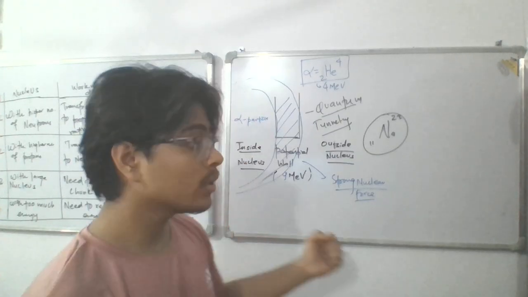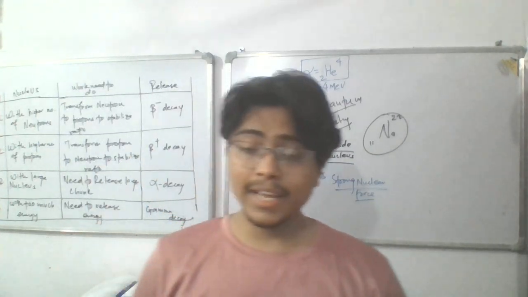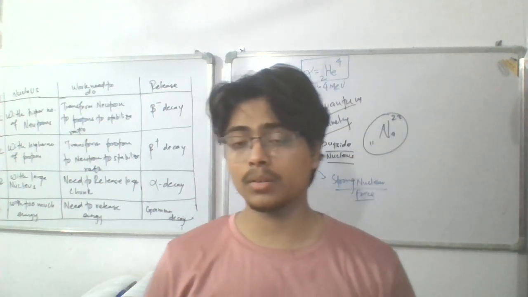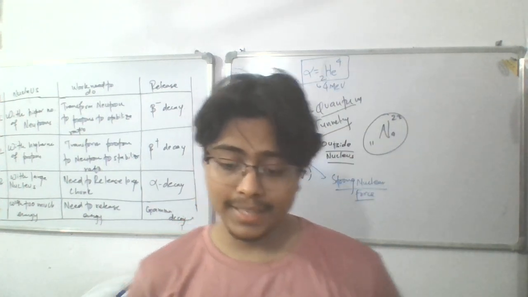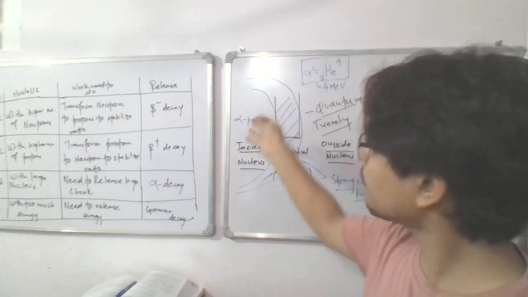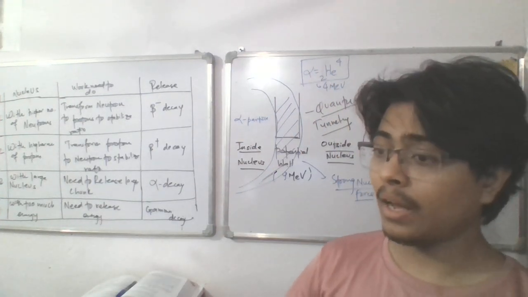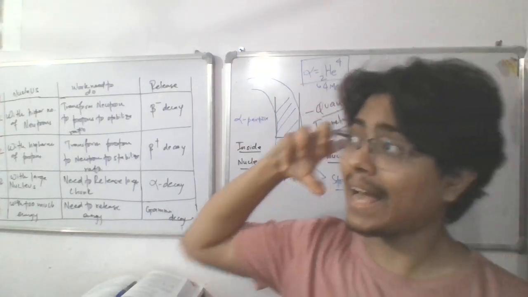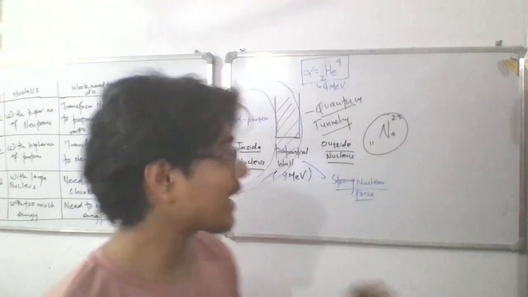So we don't give that much importance to that. That's why alpha particles are the largest chunks that have that probability of getting out of this potential well.